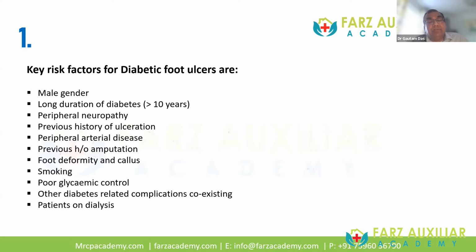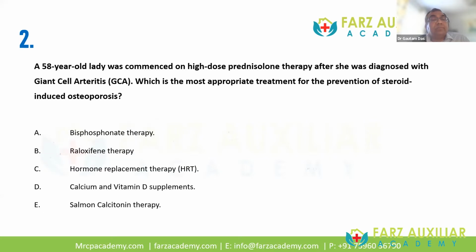If you've got vascular disease, or a previous history of amputation, that again increases the risk. Foot deformity, which is most commonly due to Charcot's arthropathy, and callus formation, and smoking. Of course, poor glycemic control will be a key predisposing factor, as will coexisting complications, both macro and microvascular, and of course, patients who are on dialysis. So these are the common key risk factors for developing diabetic foot ulcers.